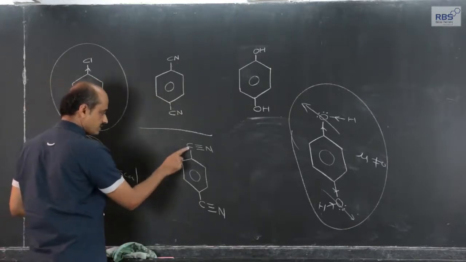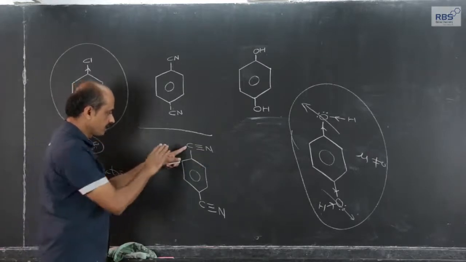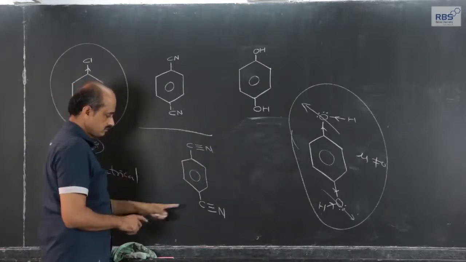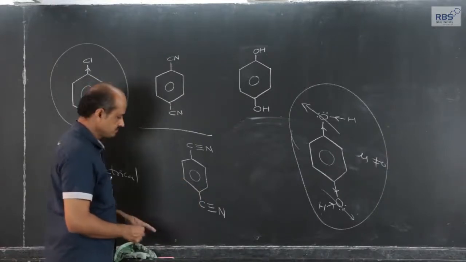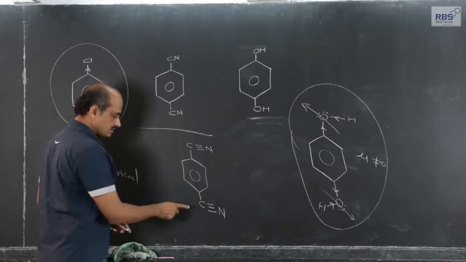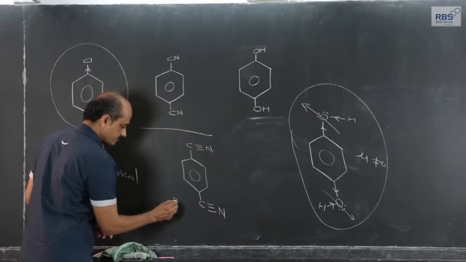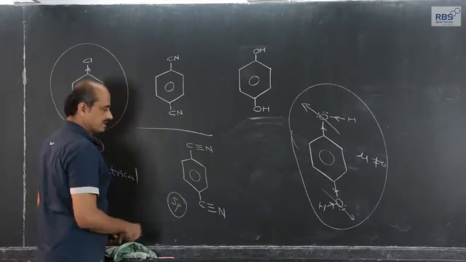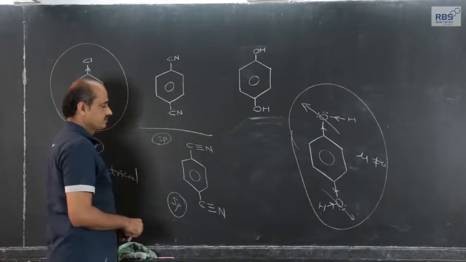But in cyanide, since there are two pi bonds, there is a triple bond of carbon with nitrogen. Triple bond of carbon with nitrogen means two pi bonds, one sigma bond. It automatically means that this carbon is sp hybridized, this carbon is sp hybridized.